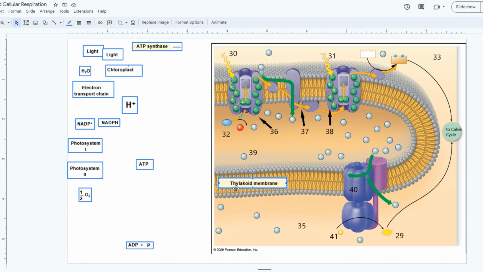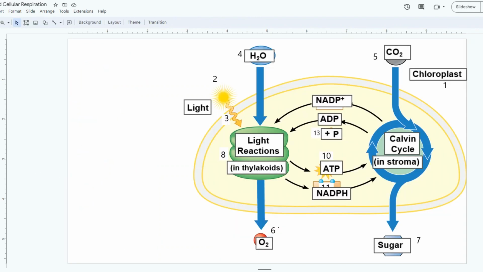Even though we're further down, looking deeper into the electrons, the reactions are still the same, right? On our chloroplasts, we said we've got water coming in, oxygen going out.